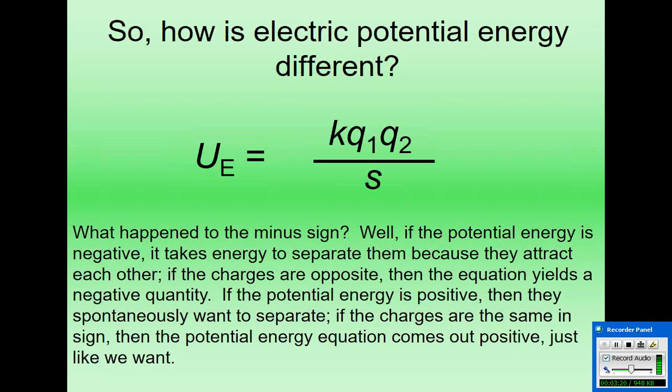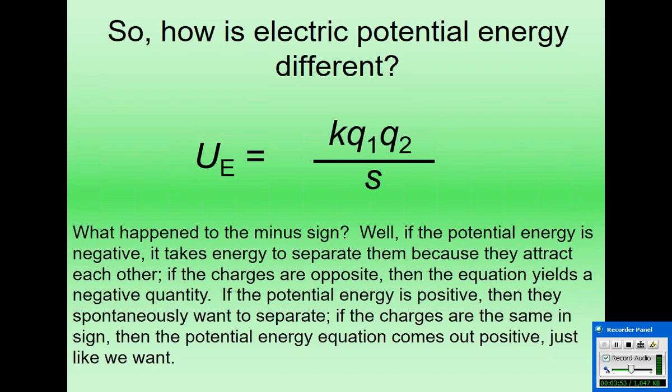As for the minus sign that seemed to just vanish, this works its way in when you consider two opposite charges, where one is positive and the other is negative. When I multiply them together, I get a minus sign, and that indicates that the potential energy is negative. When I have a positive charge and a negative charge close to each other, they attract each other, and I would have to add energy to the system to get these two objects infinitely far apart.